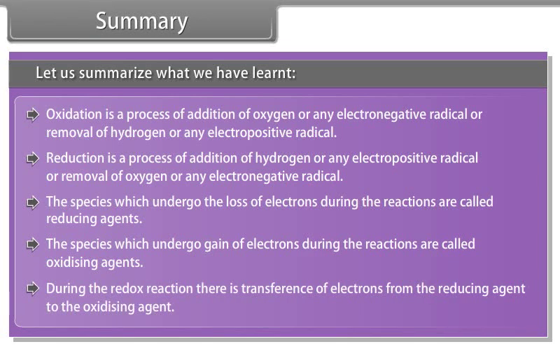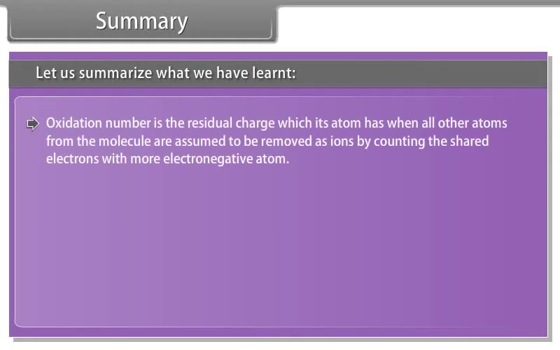During the redox reaction, there is transference of electrons from the reducing agent to the oxidizing agent. Oxidation number is the residual charge which an atom has when all other atoms from the molecule are assumed to be removed as ions by counting the shared electrons with the more electronegative atom.